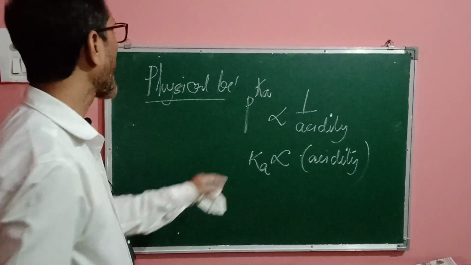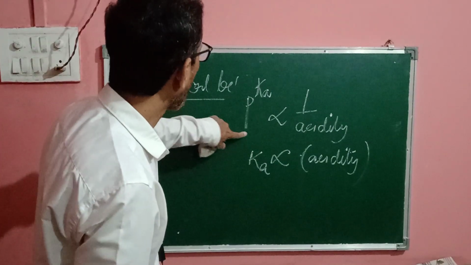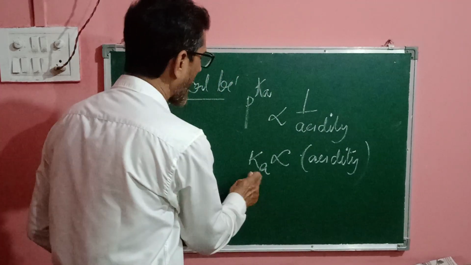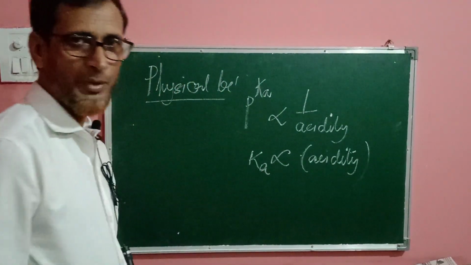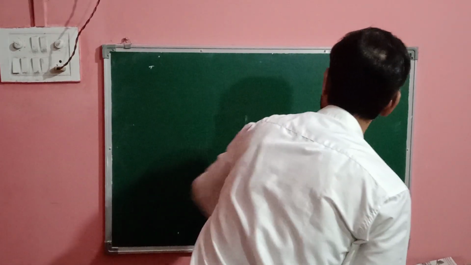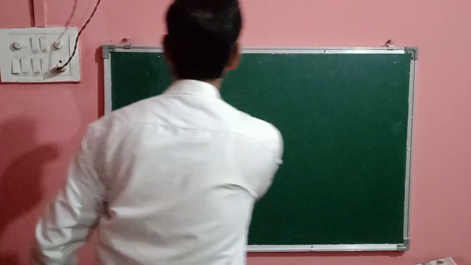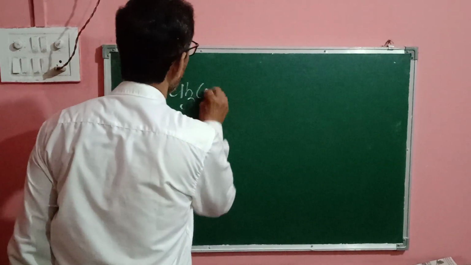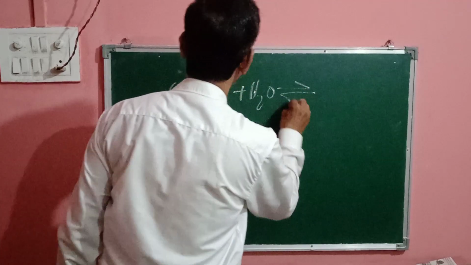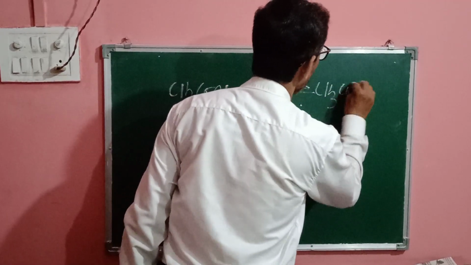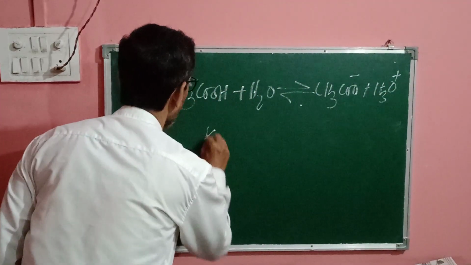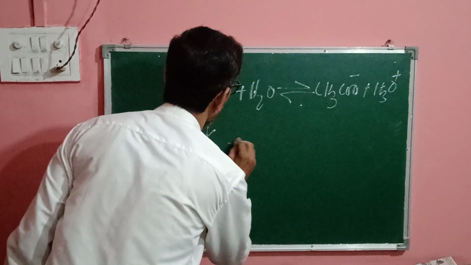Now you can ask me, how can I write pK and K, where does it come from? It will be a lengthy class, so it has actually come from the equilibrium constant. Say in short I am writing to you, you will find CH3COO negative plus H3O positive.